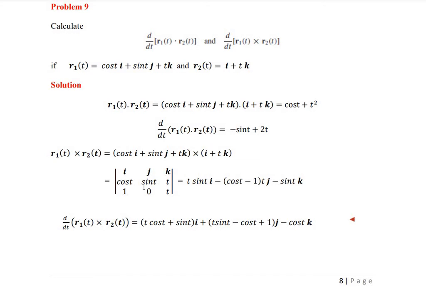So take the value of the determinant, and take the derivative of that answer. You use the product rule, so you will get t into cos t plus sin t into i cap, plus t into sin t minus cos t plus 1 into j cap, minus cos t into k cap.